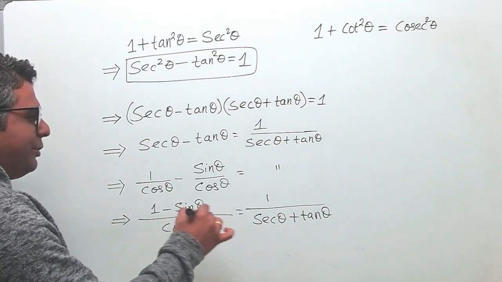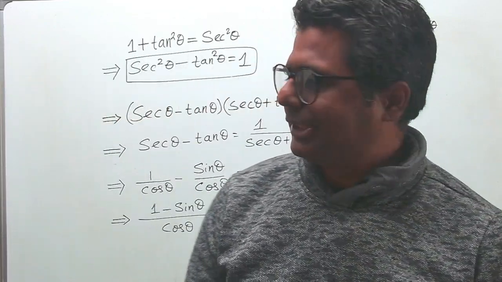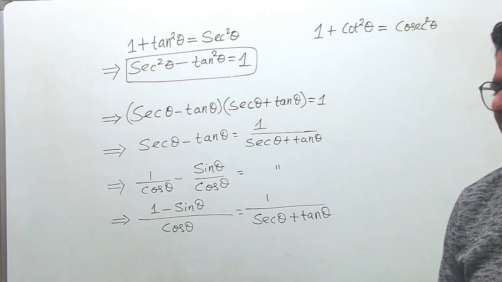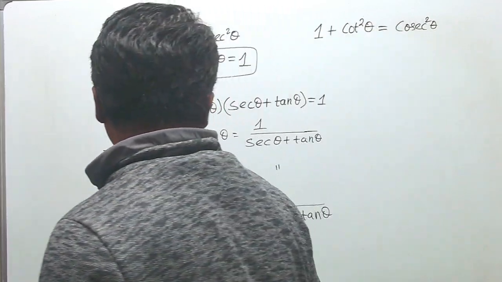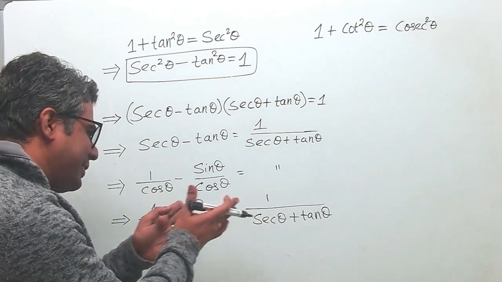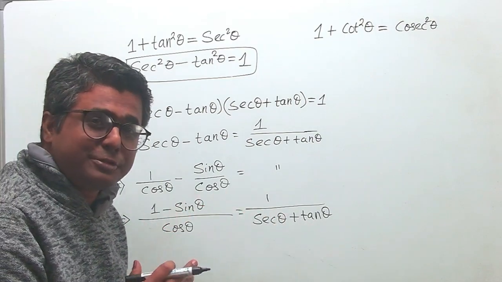It can be given in a proof. Very nice proof problem, right? So I will give you a proof that this is equal to this, or I can give you a proof that this is equal to this. So if I give you a proof that this is equal to this, what do you need to do?